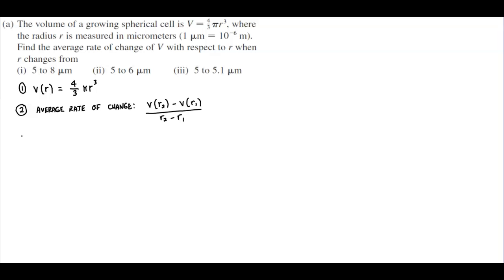So for the first one, we want to find the average rate of change going from 5 to 8 micrometers. So we want to find V of 8 minus V of 5 divided by 8 minus 5.